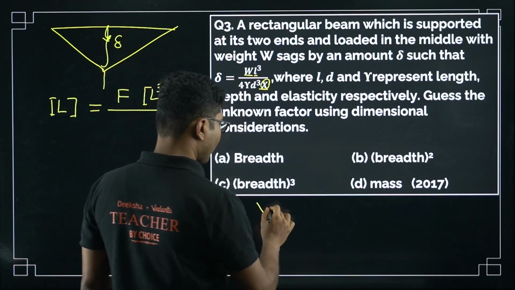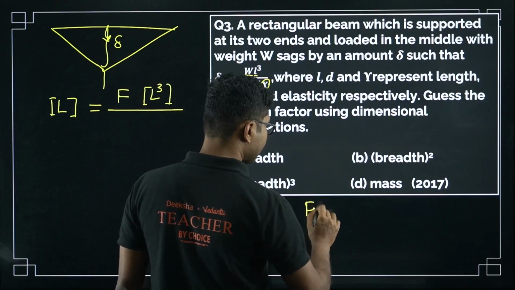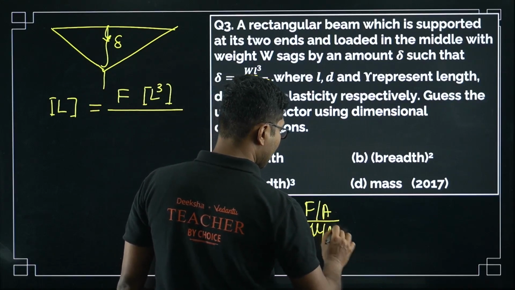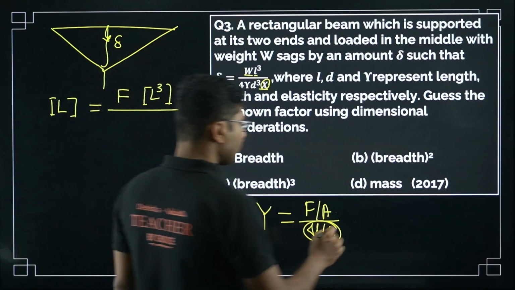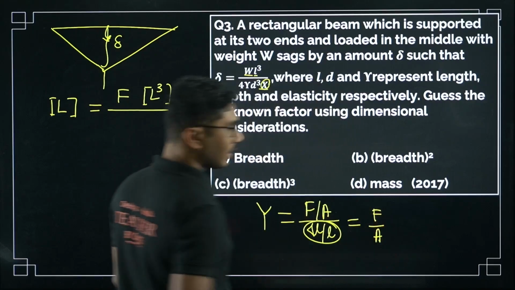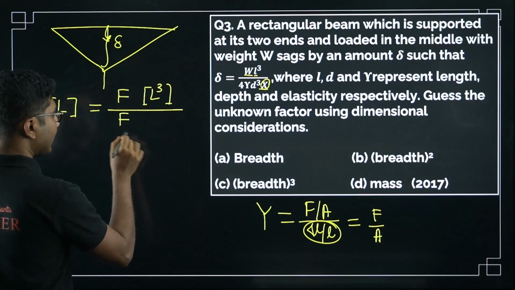Y is basically Young's modulus, stress by strain. Stress is F by A and strain is delta L by L. Delta L by L is a dimensionless quantity, so your y will be equal to F by A, force divided by area.